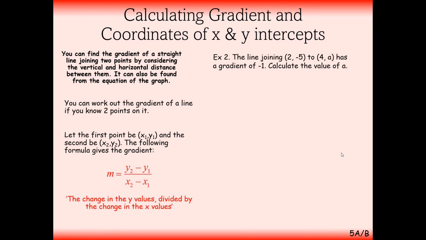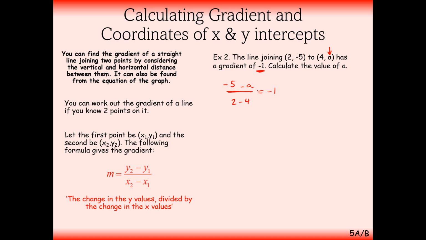In this next example, we have been told about the gradient. What's missing is the y-coordinate of one of the points. So we do know the answer here. So we write it in the form that you would have calculated the gradient, and we write the answer in front of it. So we'll have minus 5 minus a divided by 2 minus 4 equals minus 1.